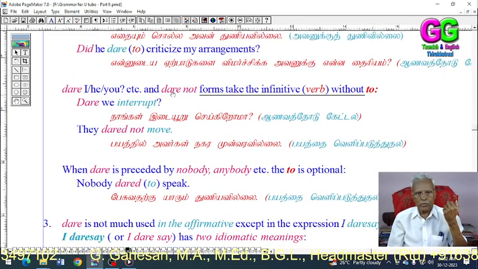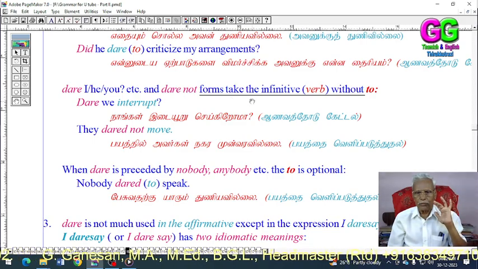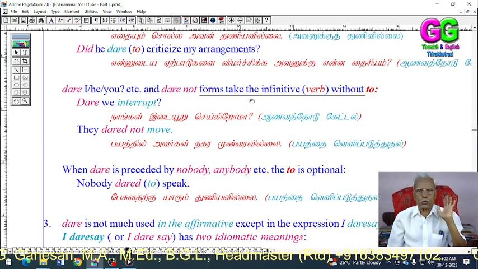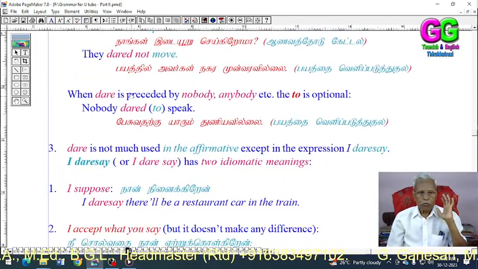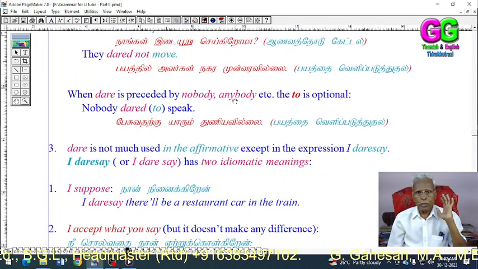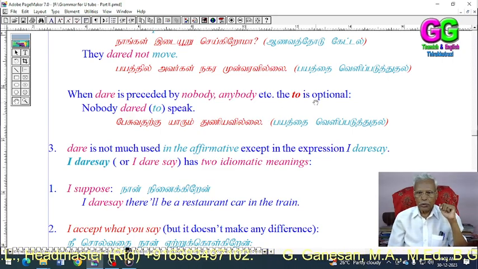Dare I and the dare not forms take the infinitive without the to. Then, when dare is preceded by nobody, anybody, etc., the to is optional.